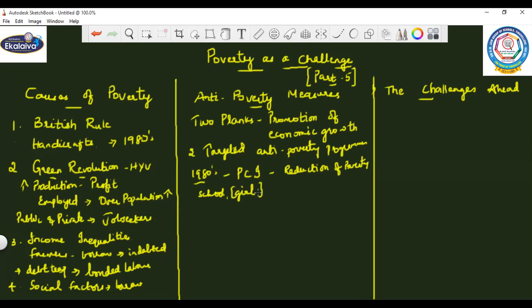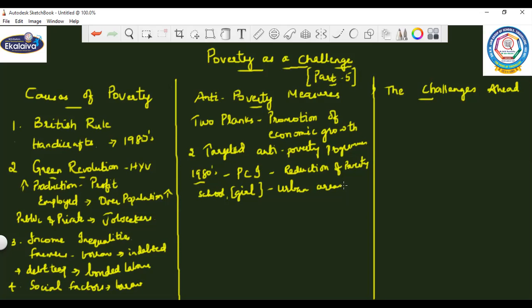So finally, you can conclude that these steps encouraged only the urban people. But even now, the schemes have to reach the people in rural areas, who were the ones having a lot of negative effects because of poverty.